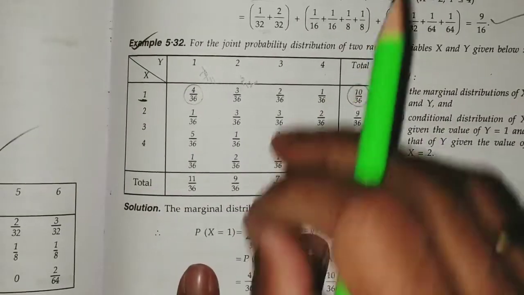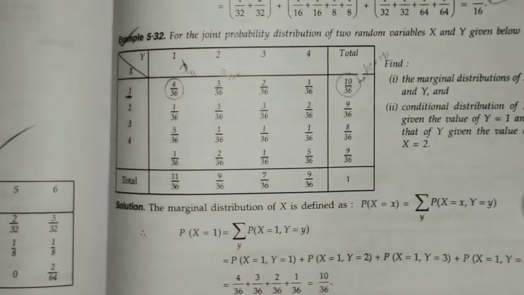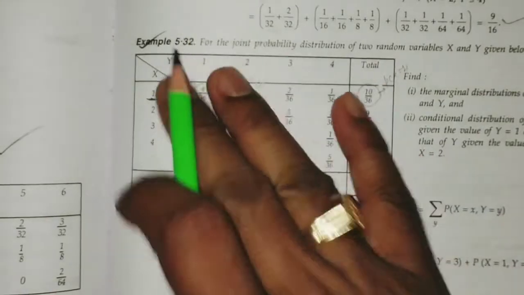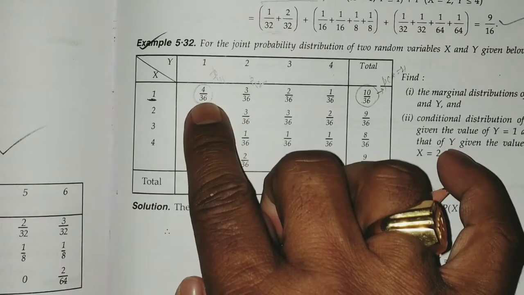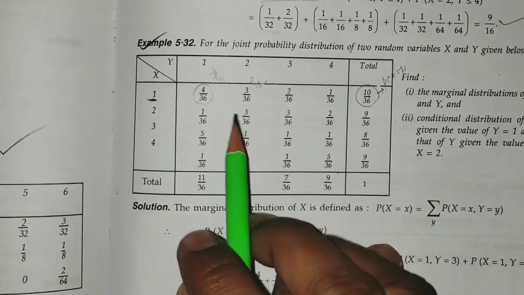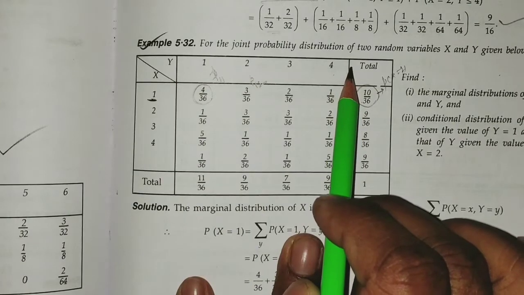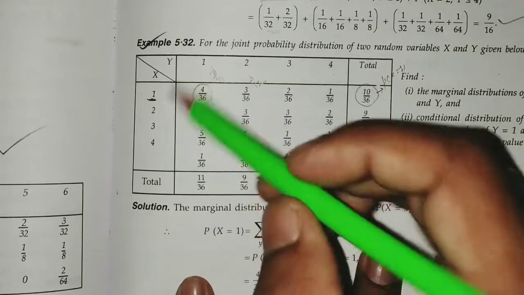So exactly a similar table here, but here all the cell values represent the probability, and in this table y values are taken along the row, horizontally, and x values vertically.